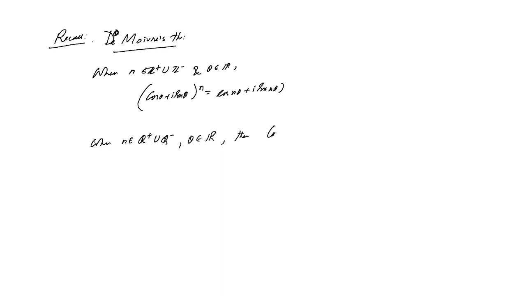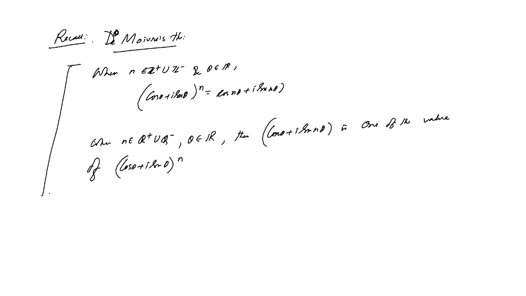We write cos n theta plus i sin n theta as one of the values of (cos theta plus i sin theta) to the power n.